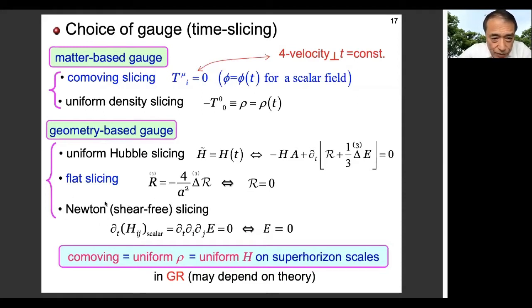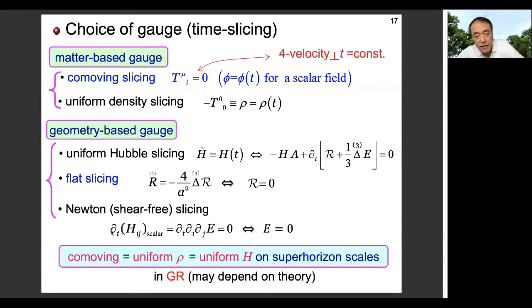So as I said, the uniform Hubble slicing is not so convenient at the linear level, but it's very useful at the nonlinear level. At the linear level, the most useful ones are either the flat slicing, or the Newtonian or shear-free slicing.